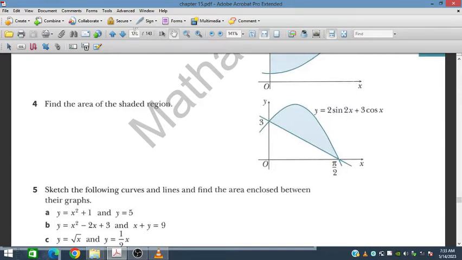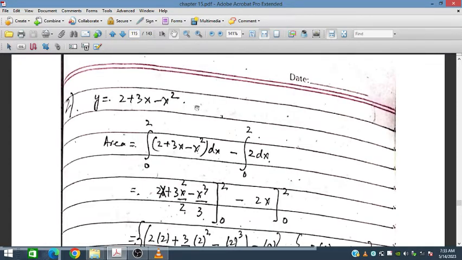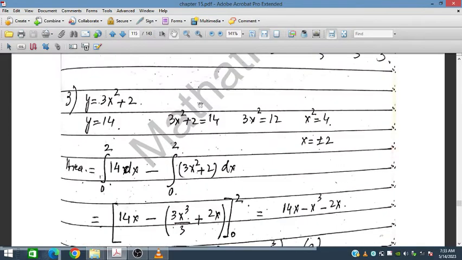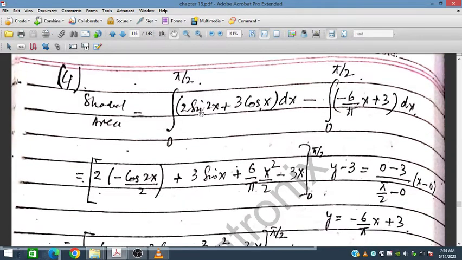Question number 4. So here we have the shaded region, this function from 0 to pi by 2. So we have obtained the area for these limits, and then we subtract the area of the white region, the equation of the line.